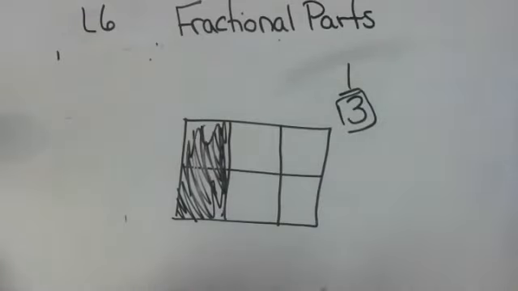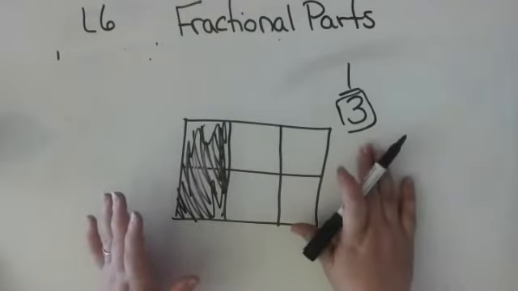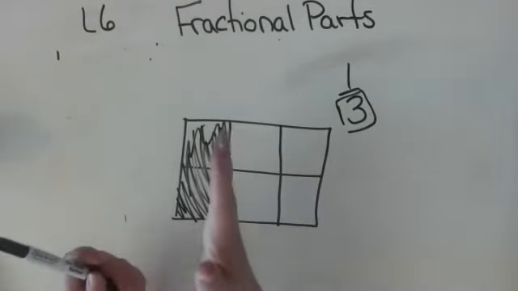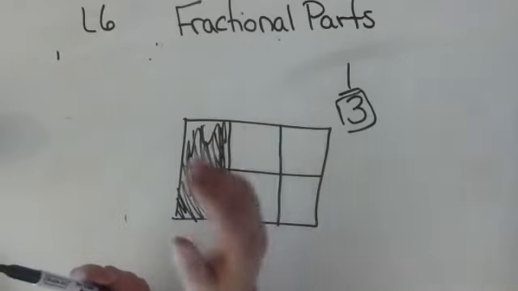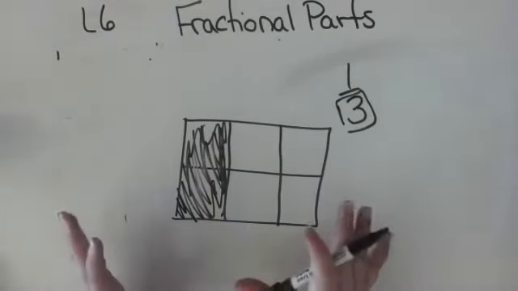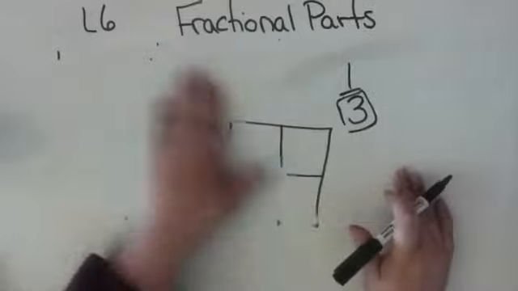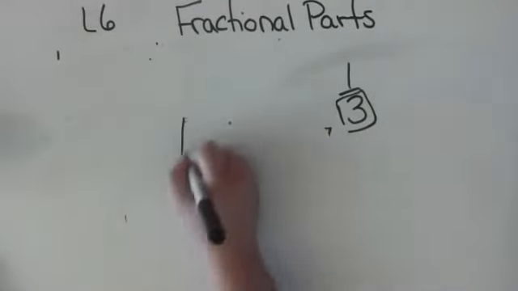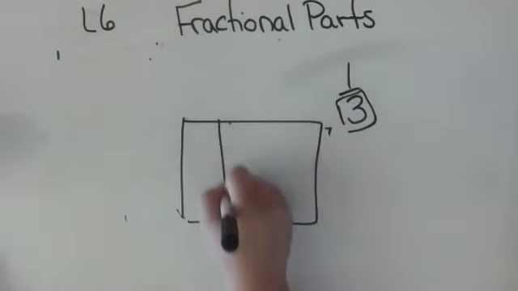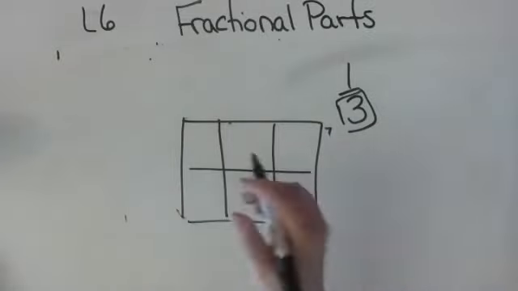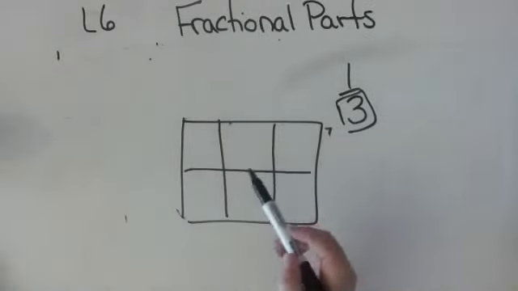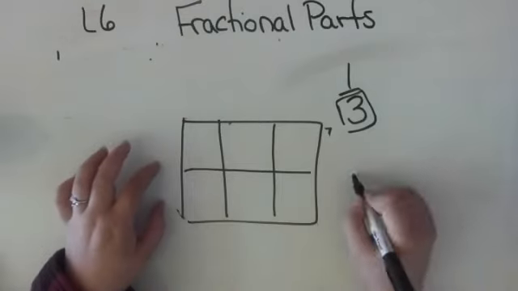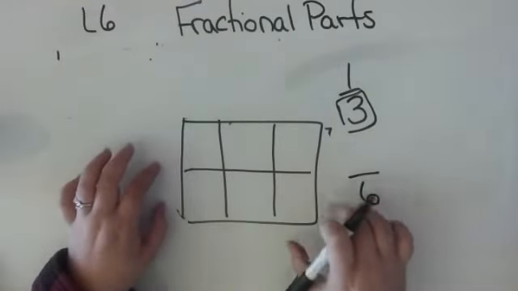Now, if you had this figure and you wanted to shade 1/3 and you'd forgotten that you can visually section it out into 3 pieces, what you can do instead is look at the same diagram. 6 is how many pieces I have altogether.